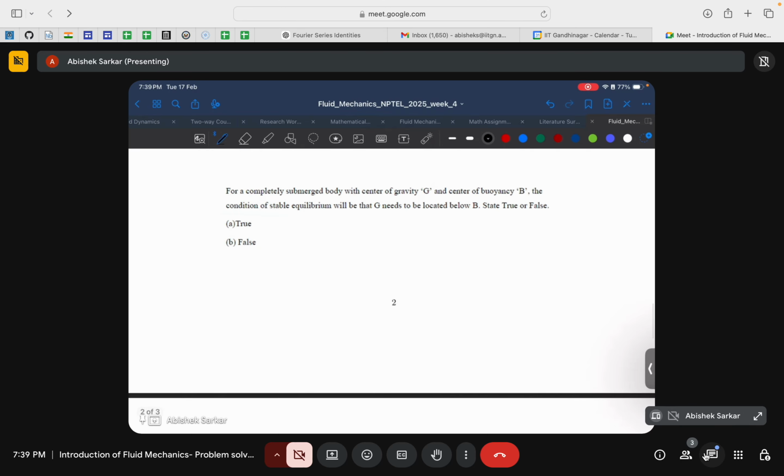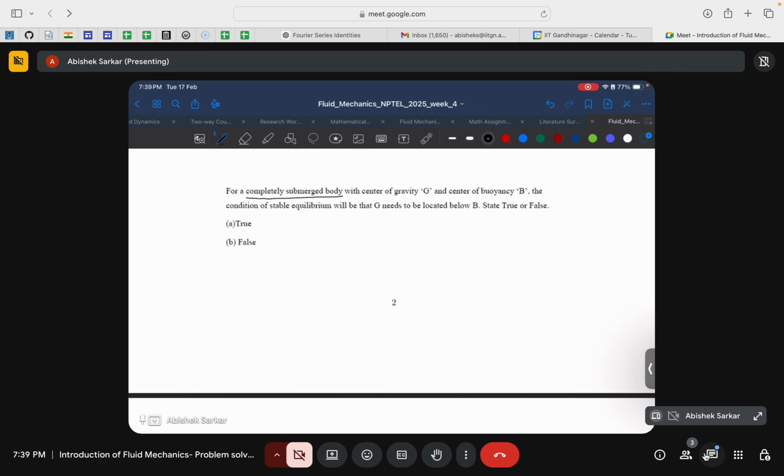Next question is, for a completely submerged body with center of gravity G and center of buoyancy B, the condition of stable equilibrium will be that G needs to be located below B. Is it true or false? Completely submerged body. Center of gravity must be below the center of buoyancy. We just discussed it.